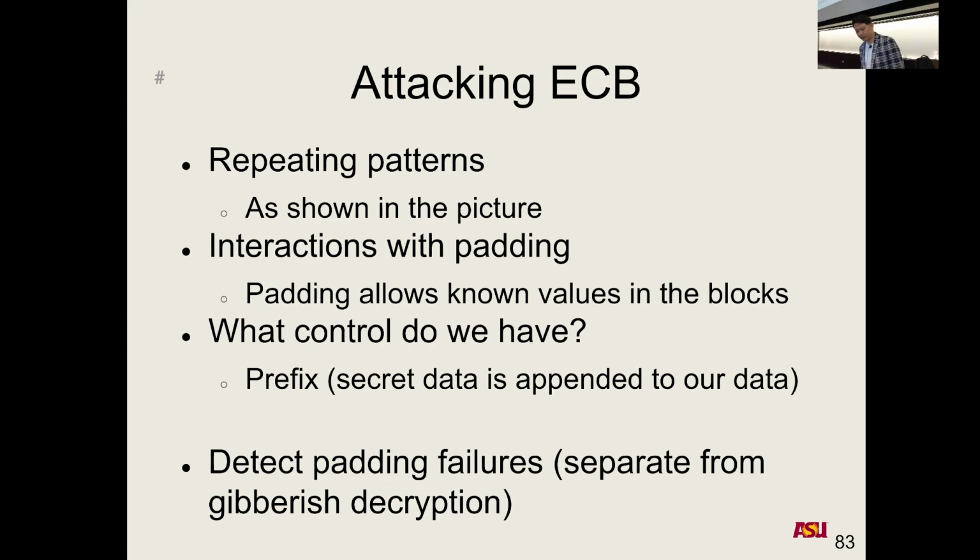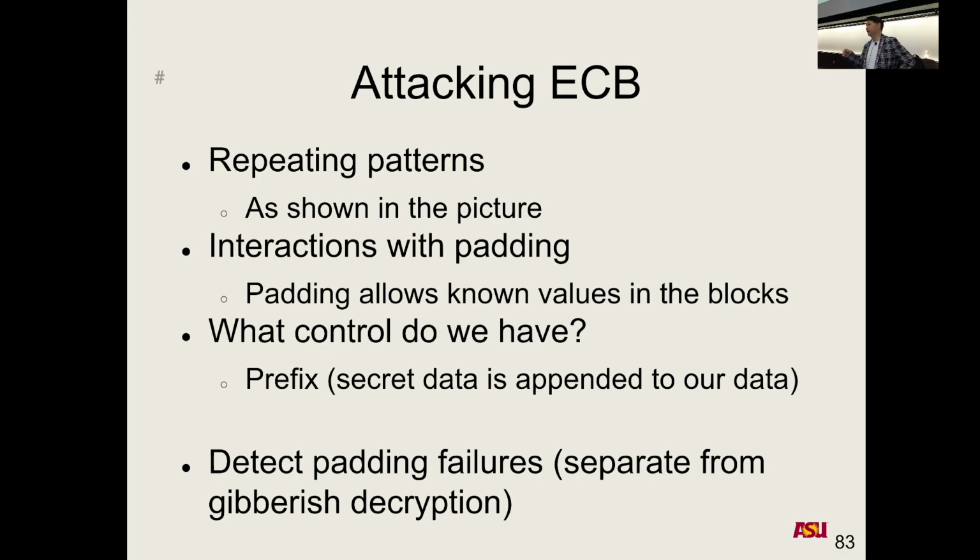Second, interaction with padding. ECB mode does not conceal patterns well. So how about the padding with some specific rules like PKCS#7? Padding allows us to identify specific information, like how many padding bytes are involved.